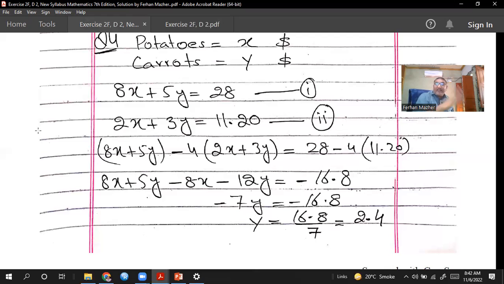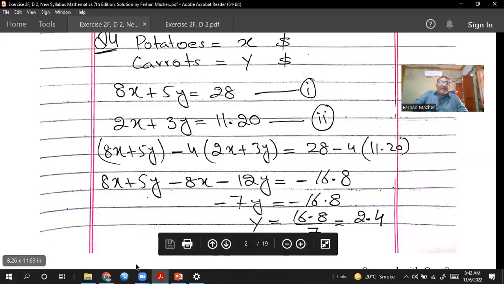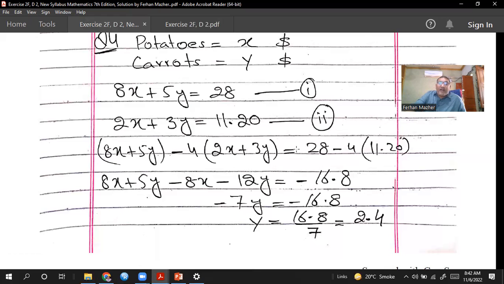So the left side will be subtracted from the left side, and the right side from the right side. For this purpose, I'm going to use the horizontal method of subtraction. So here we have 8x plus 5y minus 4 bracket 2x plus 3y bracket close equals 28 minus 4 bracket 11.20 bracket close.